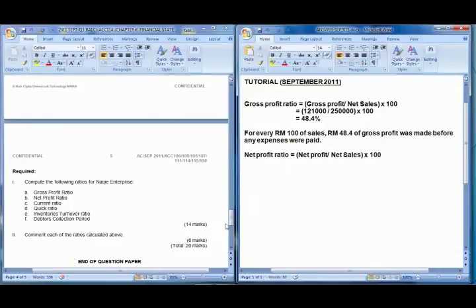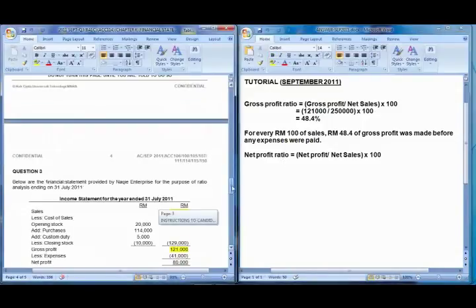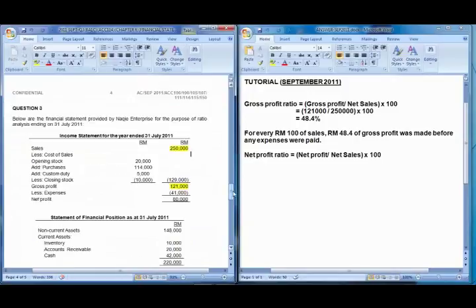So we have the formula, and back to our equation to identify the value for the net profit and the value for the net sales.